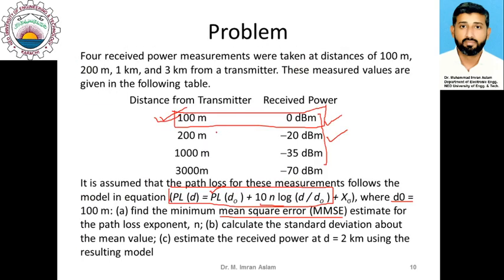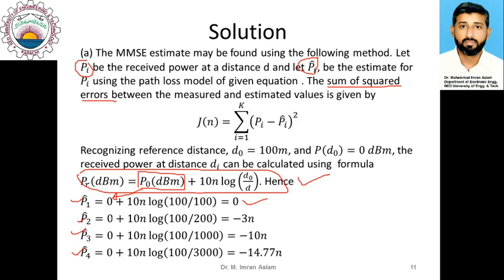For second distance, which is 200 meters, if we use the same formula, again this P naught dBm comes out to be 0, because this is our reference value. And if we replace d naught by 100 and d by 200 here, in that case we get P2 hat to be equal to minus 3n.